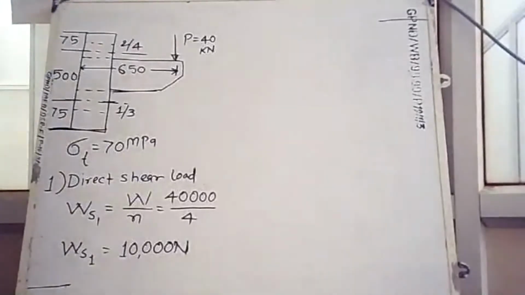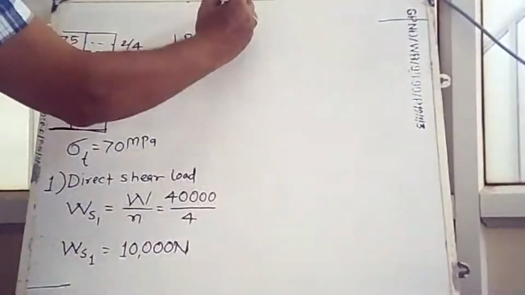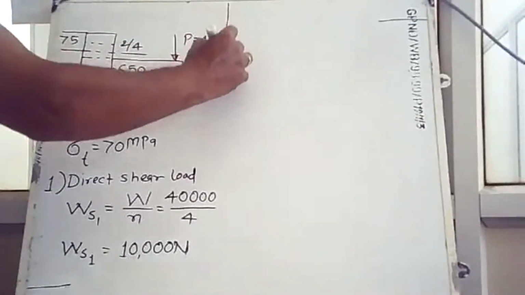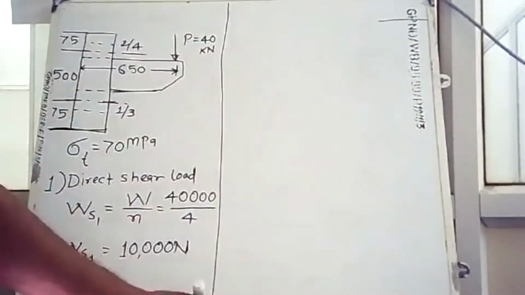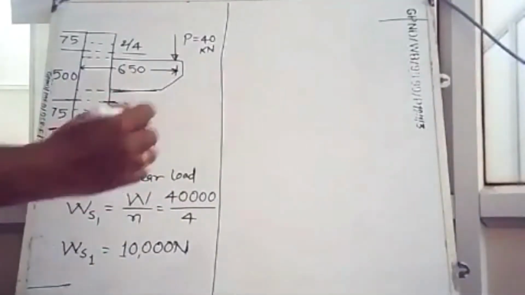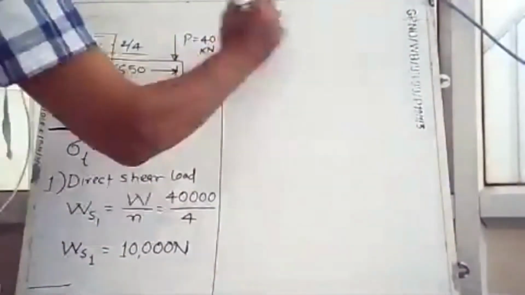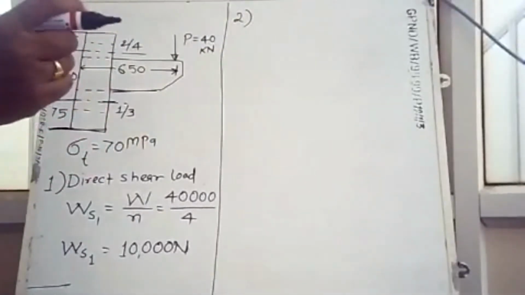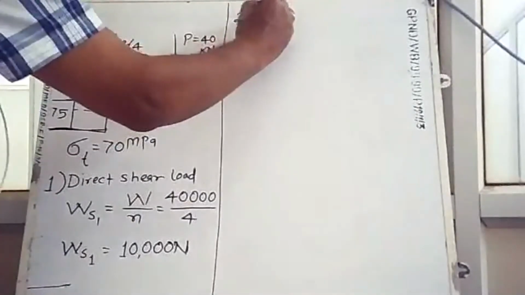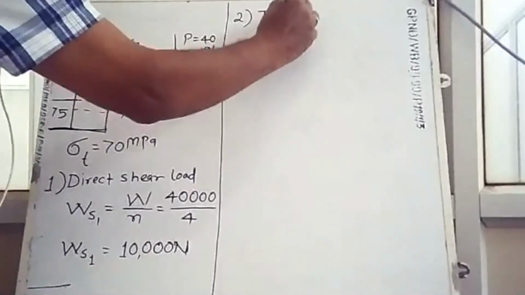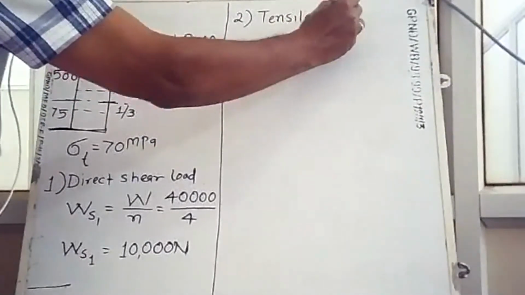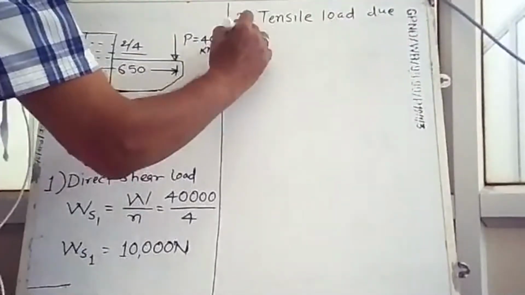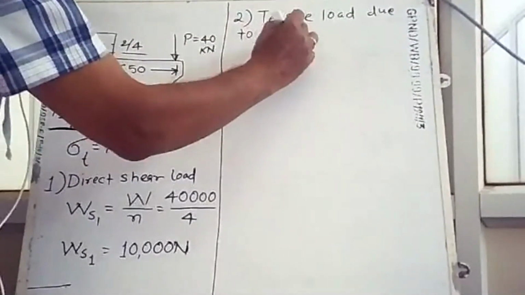So the second type of load that we can consider is our load because of turning. The second type of load is tensile load due to moment.